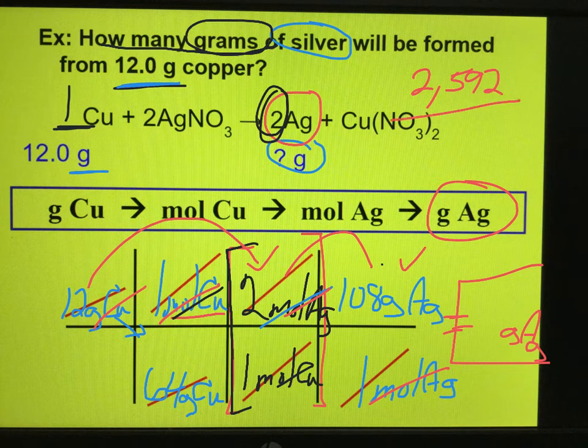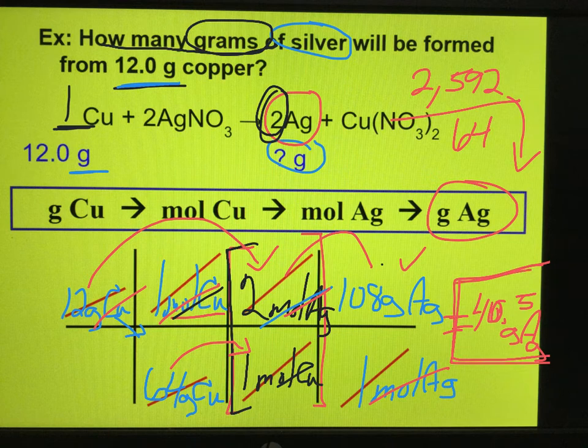Check to see if you get the same thing. Now on the bottom, I have 64 times 1, so that's 64. So now you're going to do 2,592 divided by 64. This will give you 40.5 grams of silver. And this is the end of your mass-to-mass problem.